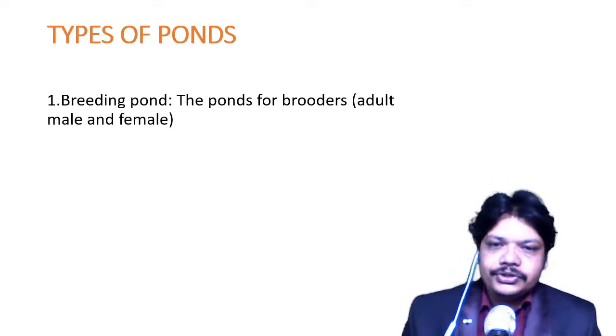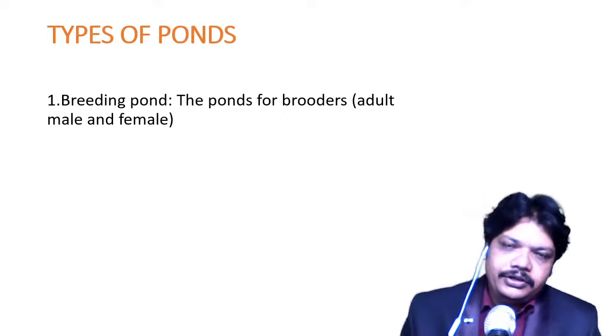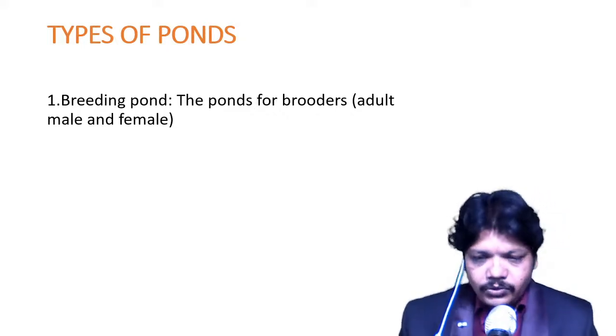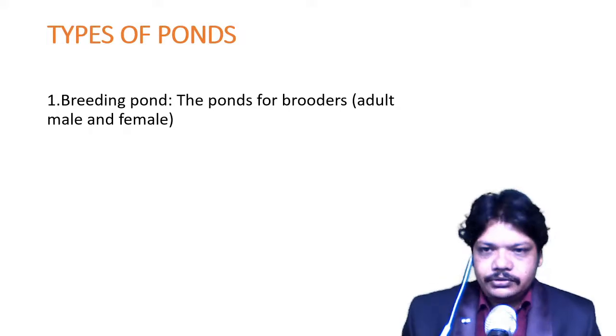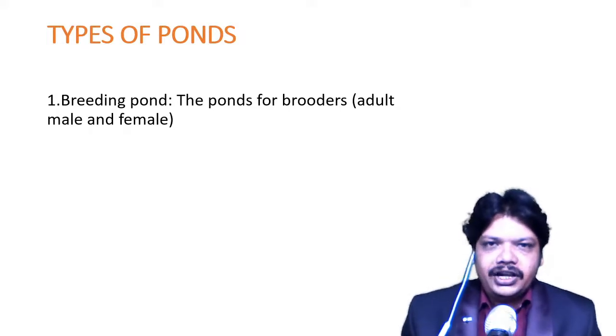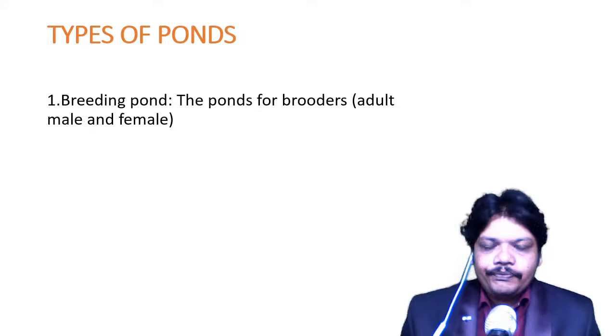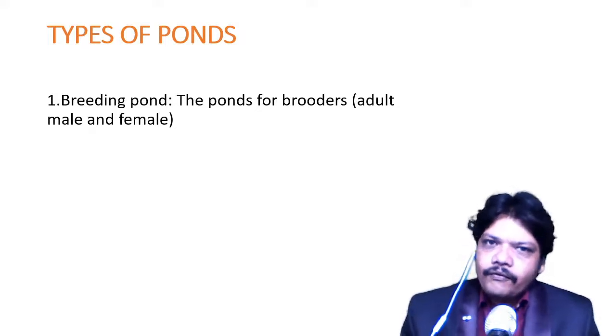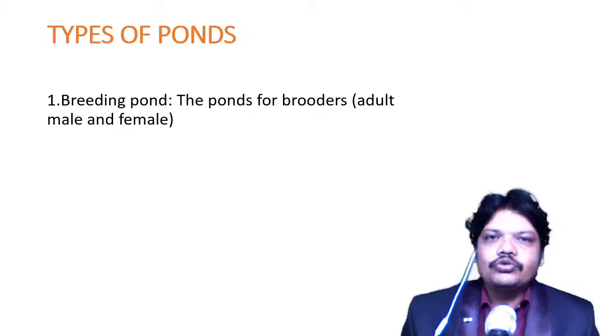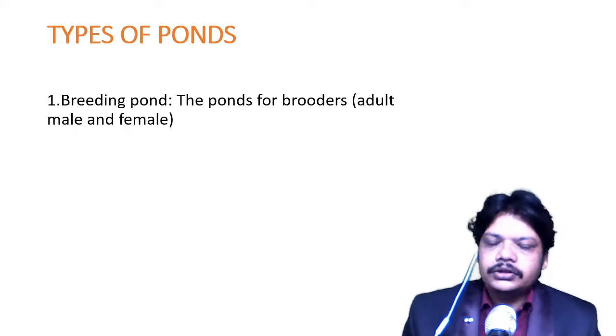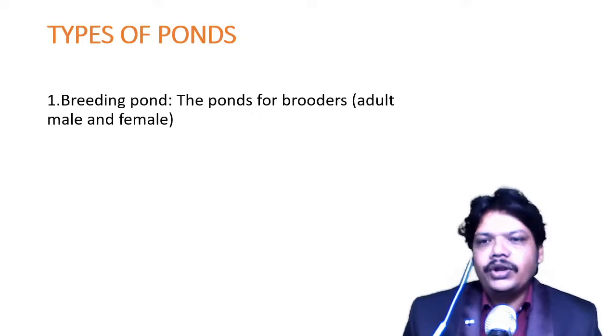The pond is for brooders, adult male and female fish that are ready for breeding. Those fish we have to select for the purpose of breeding. That's why this pond is known as the breeding pond.